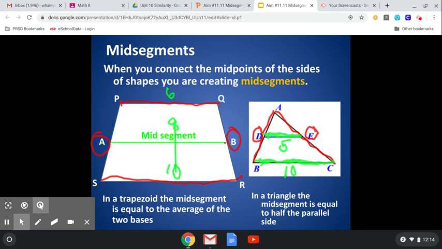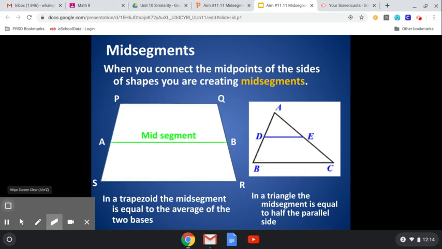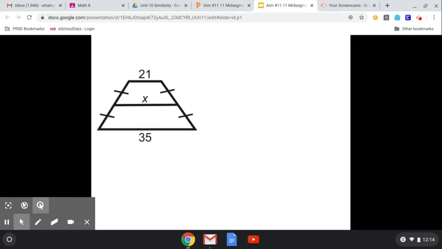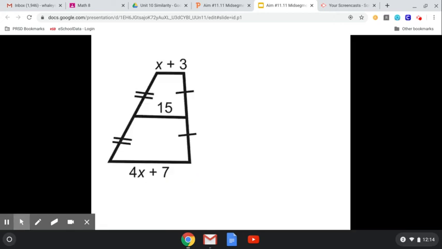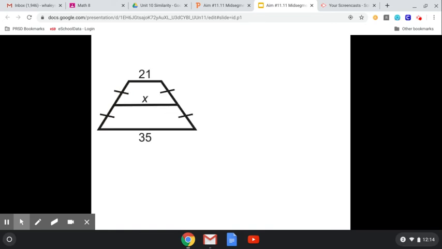All right, at any time you need to, pause the video, stop and reflect on what we just wrote. Okay, clearing the screen, going to the next page. All right, take a look at the following trapezoid. Now, I know there doesn't seem to be a question associated with this. Hold on, I got to go back up a slide.